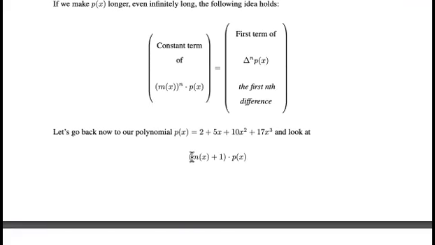Now we're taking our polynomial and multiplying it by m of x plus 1. This type of thing will help us as we move forward to finding a nice formula for the terms of our sequence.